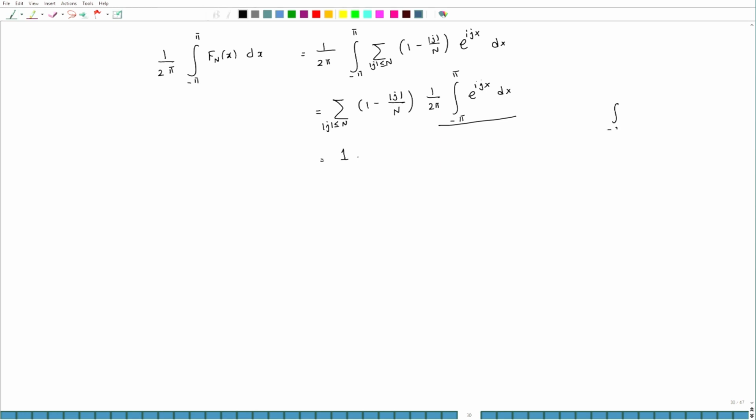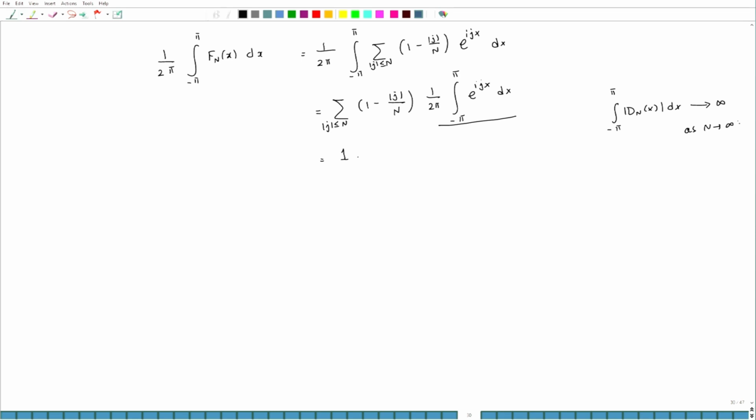The Dirichlet kernel also satisfies this. The problem in the Dirichlet kernel, what we had observed, is that when we are discussing the integral from minus pi to pi of mod of d n x dx, we have seen that this goes to infinity as n goes to infinity.